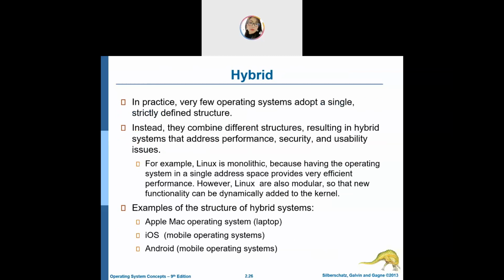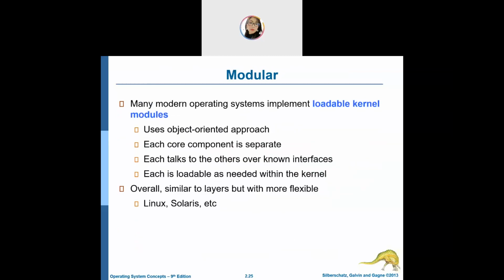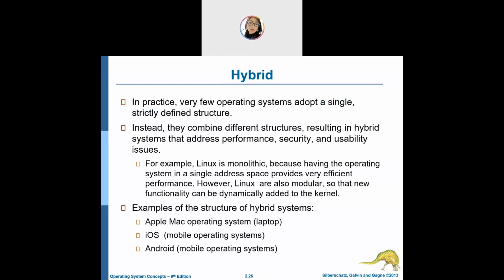In terms of modular, many modern operating systems currently implement a loadable kernel module. Although you are not playing around with it in Windows, normally it is under Linux. Later on, you will play around with kernels. And lastly, hybrid. When you remember hybrid, similar to module 1, you are going to have at least two combinations.